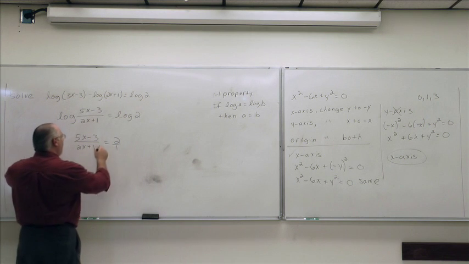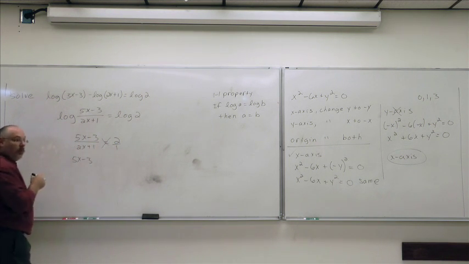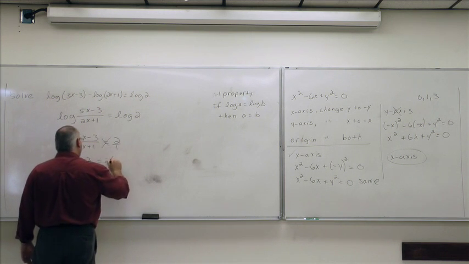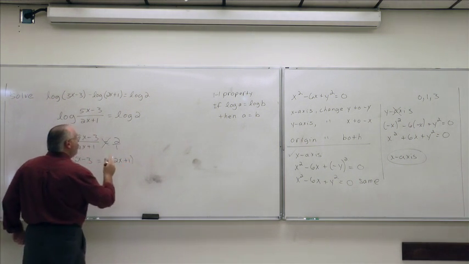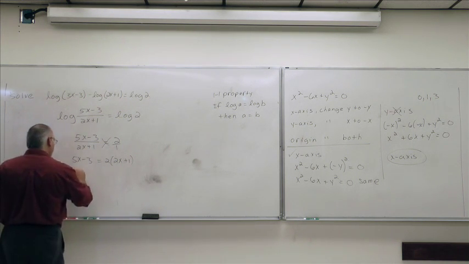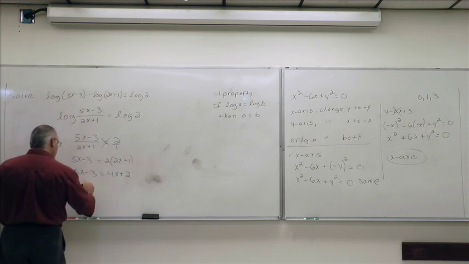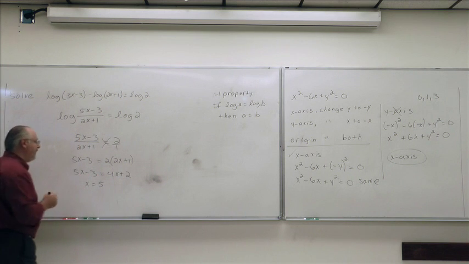Cross multiply. So this becomes 5x minus 3 times 1, we don't need, equals 2 times 2x plus 1. You could have also multiplied through by a common denominator of 2x plus 1. That's the same thing. So we get 5x minus 3 equals 4x plus 2, which gives you x is 5.